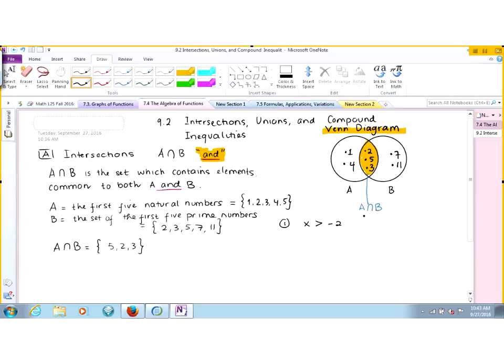Do you guys know this inequality? Yes, but then I say N, x is less than 4. So what does it mean? X is greater than -2 and x is less than or equal to 4. So I'm going to change this a little bit.